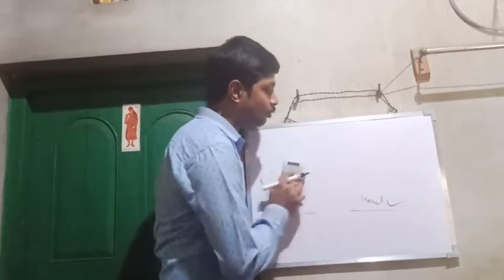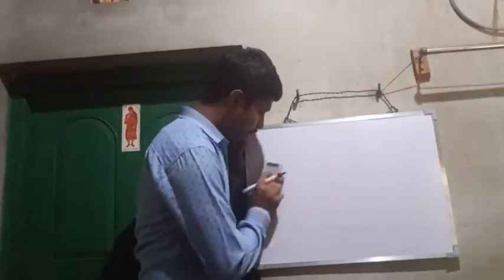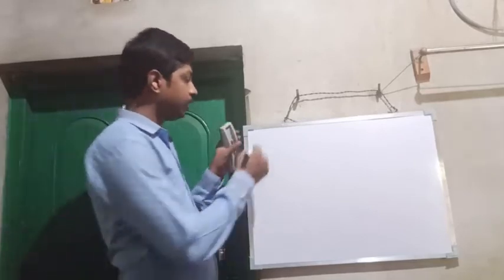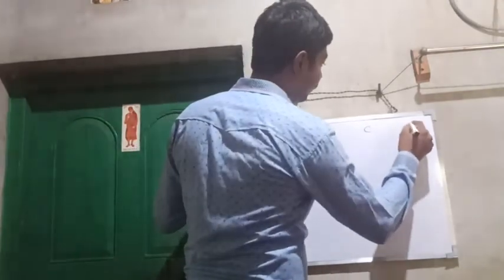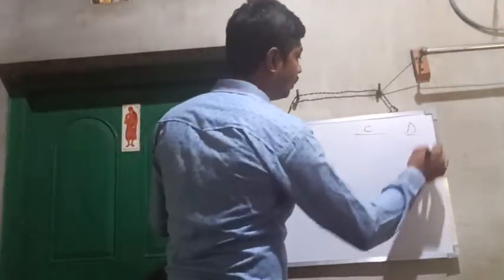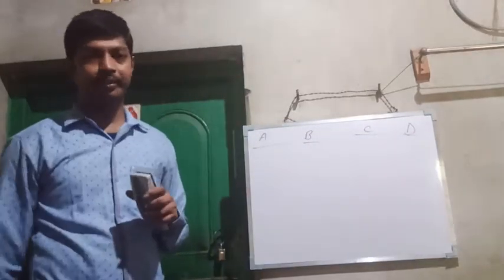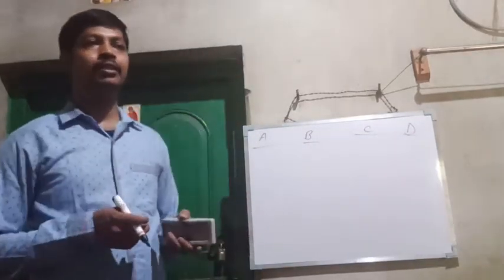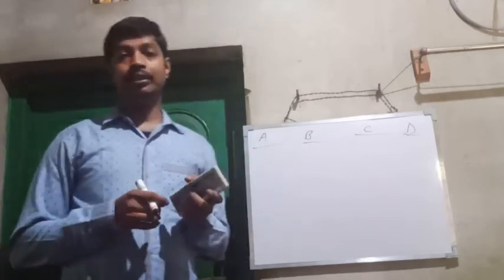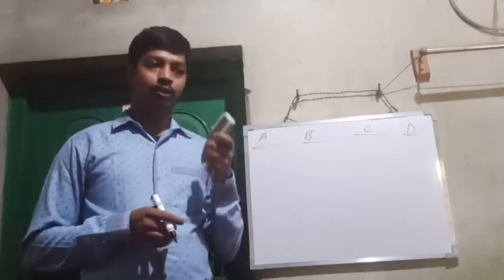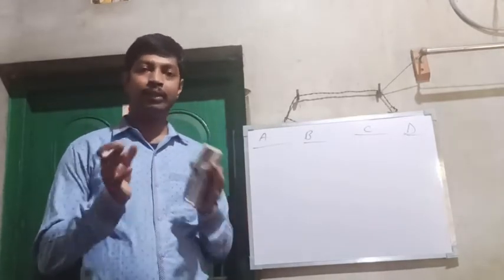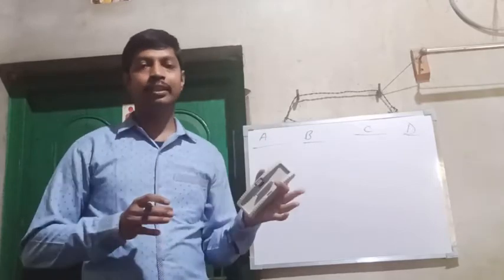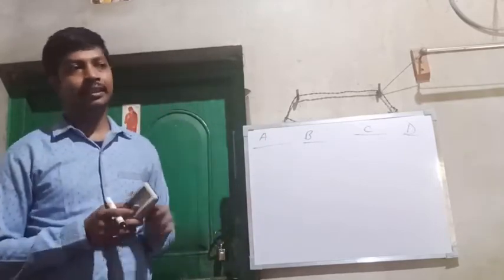In combination tournament, total teams are divided into four groups: Group A, B, C and D. As we discussed, in knockout tournament, if the number of teams is 20 or more than 20, then there was a quarter system, and the total number of teams were divided into four quarters.